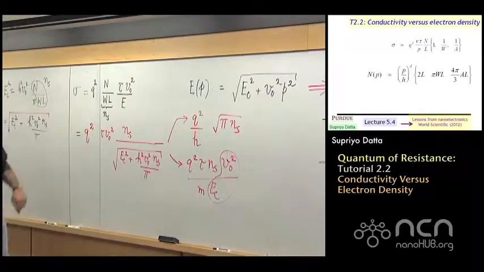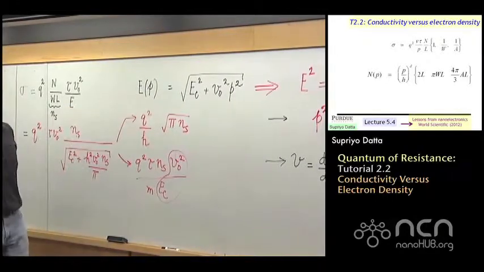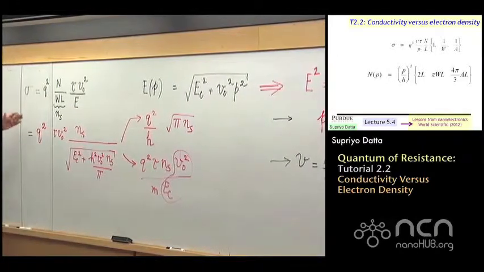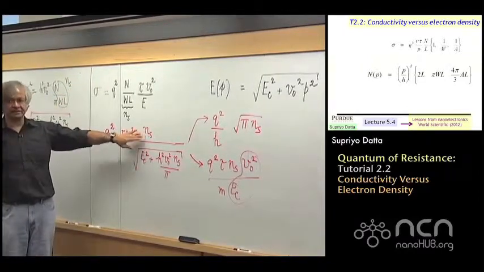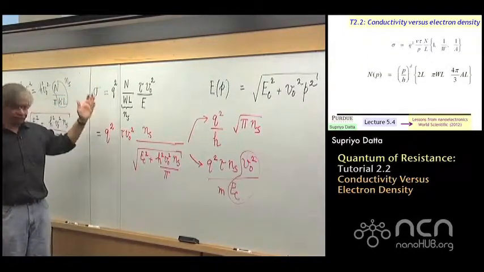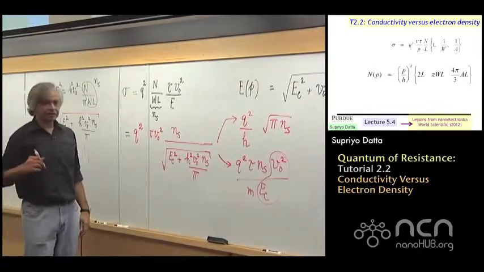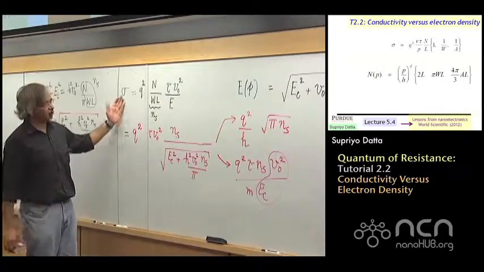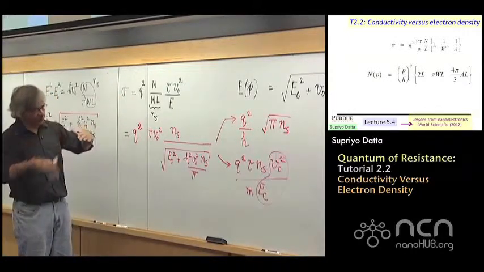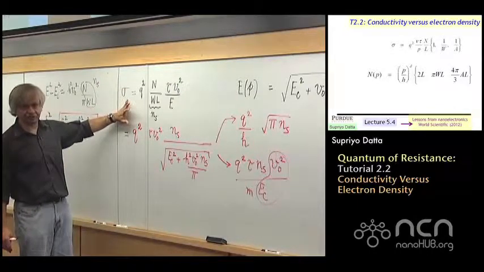So just to summarize, we took this general energy momentum relation and worked out a general expression for conductivity in terms of the electron density. Of course, this is understood to be at low temperatures, because in general this is what you get at a given energy. You have to average over energy using the del F0 del E as we have discussed before.